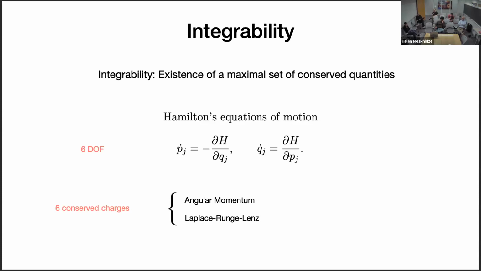And we also have 6 conserved charges. As I mentioned before, 3 angular momenta and 3 components of the LRL vector. So we have the same number of conserved charges as the number of degrees of freedom, and that means that the system is fully constrained and explicitly given in terms of these charges. And this is the property which is called integrability. Okay, so that's just to clarify the meaning of this word.